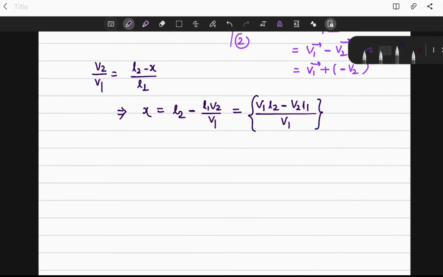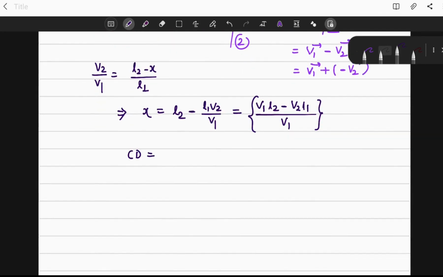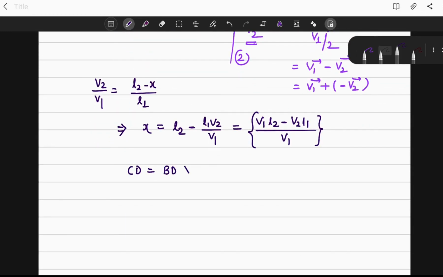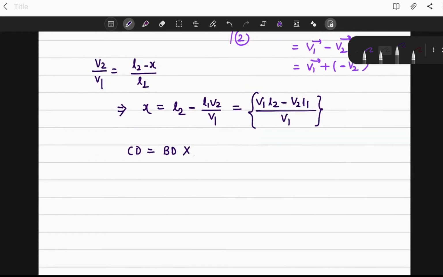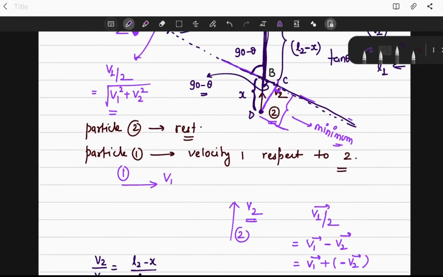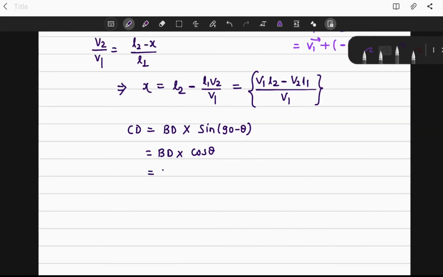Minimum distance is nothing but CD, and CD we can write as BD into sine of 90 minus theta, that is BD into cos theta. And the value of BD here is x. So we can write x into cos theta.